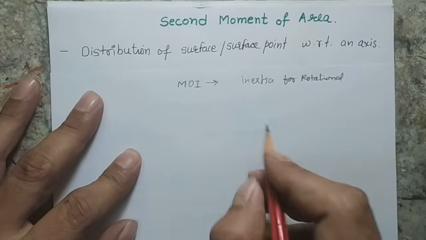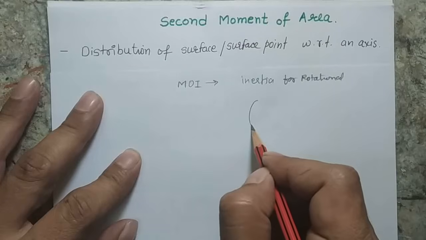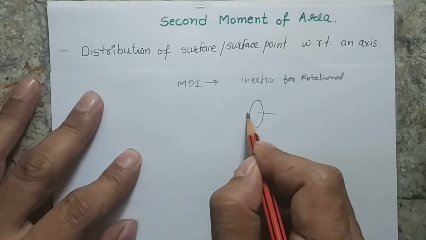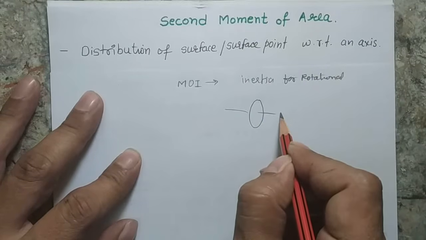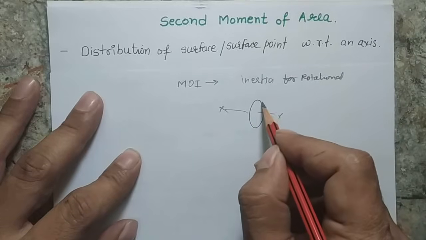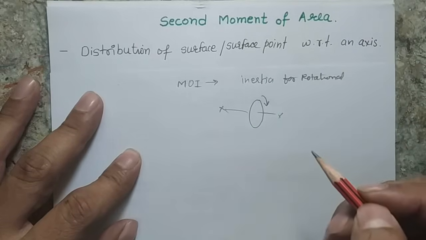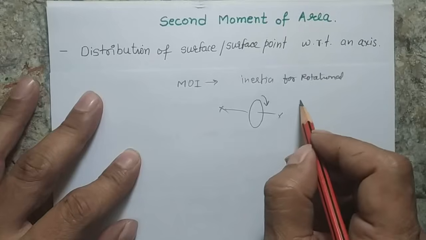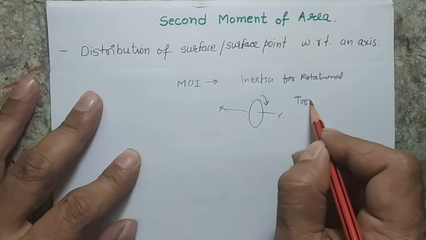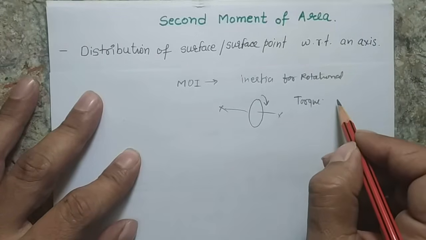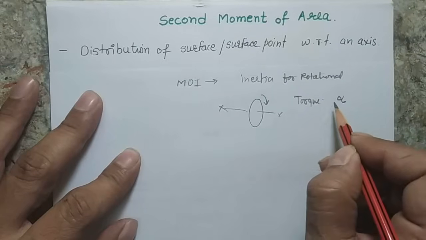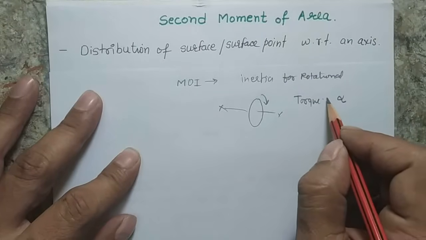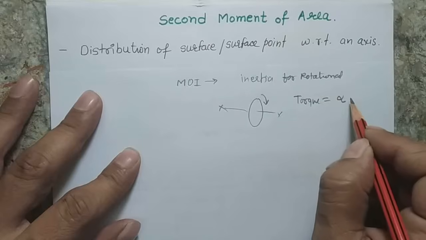That means if I have a body which is able to rotate about an axis, suppose the axis is xx, then the value of torque to achieve a particular angular acceleration alpha can be defined with the help of its moment of inertia.